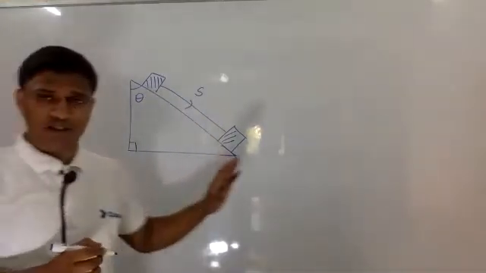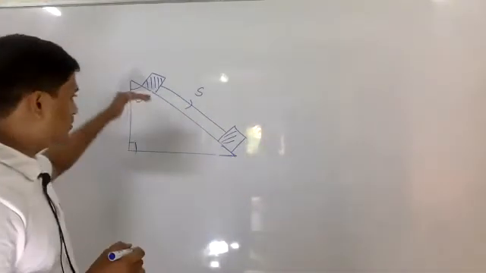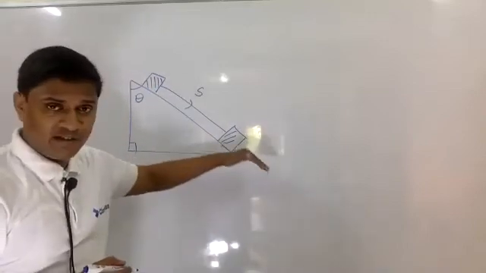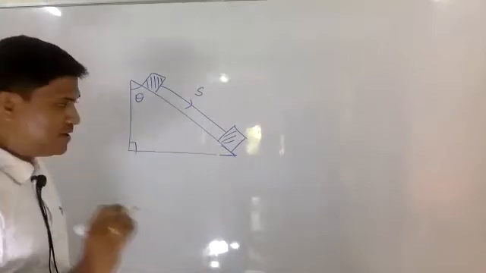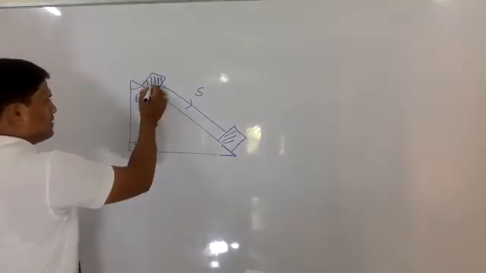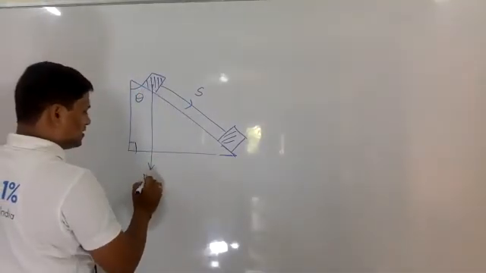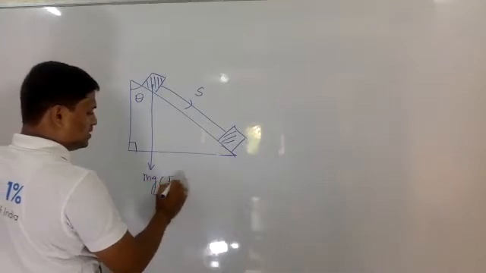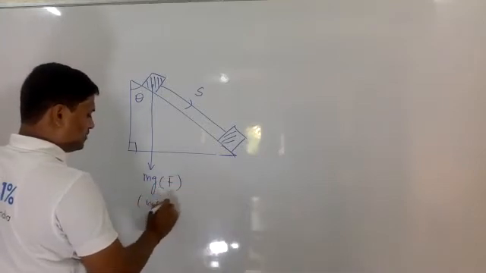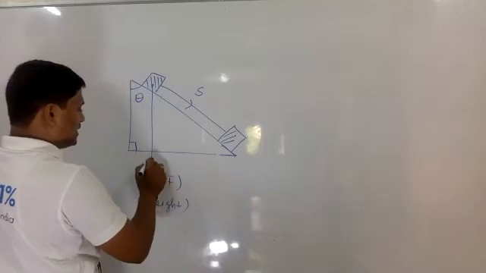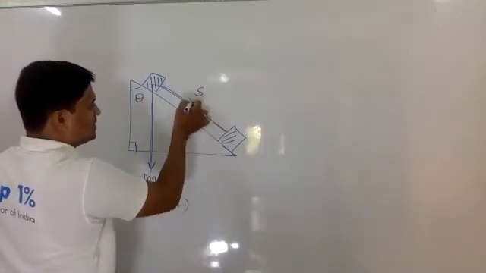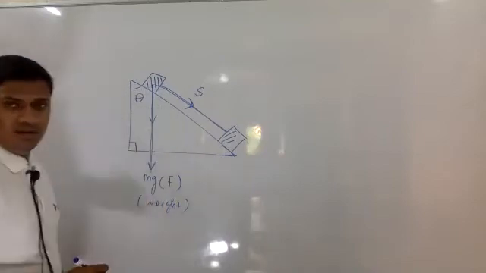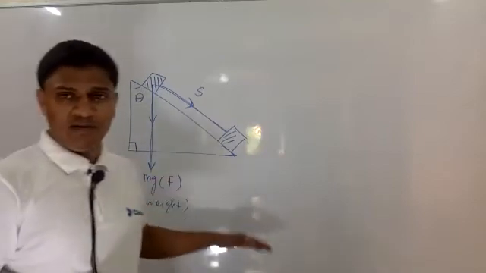There are various forces acting on the body: an applied force in this direction, a normal force in this direction. But first, its weight is acting in this direction, mg. Mg is a force, that is the weight force. But the body is getting displaced in this direction. All understood? The weight force is acting vertically downward.